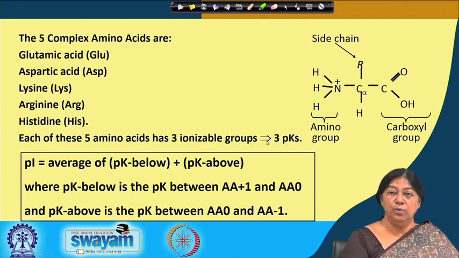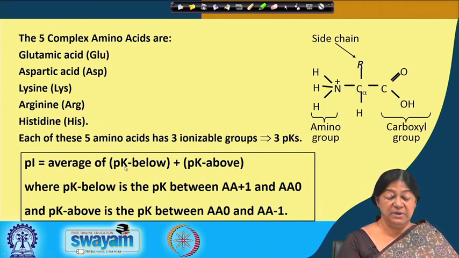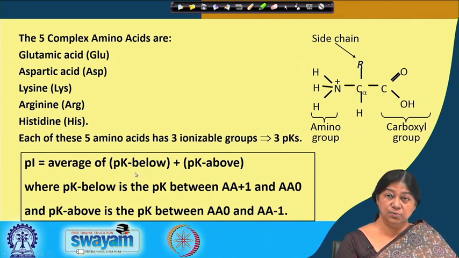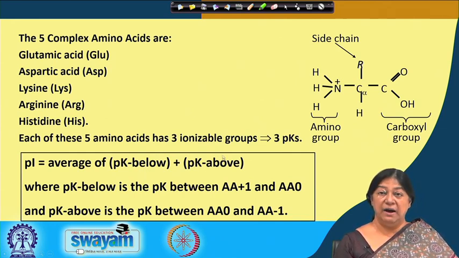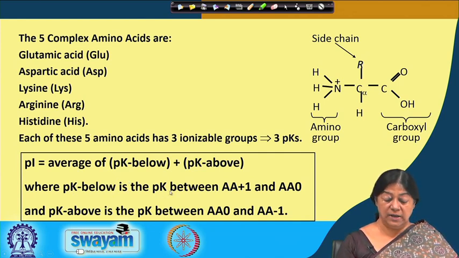What are we looking for? We are looking at how to calculate the PI value of the amino acid. The PI is going to be the average of the pK below, that is the -1, and the pK above, that is the +1. So, we are looking at the charge of the amino acid between AA +1 and amino acid 0.